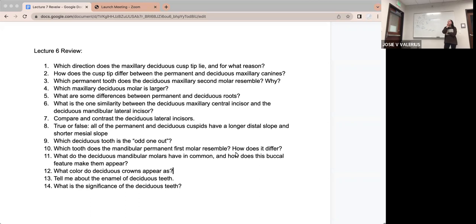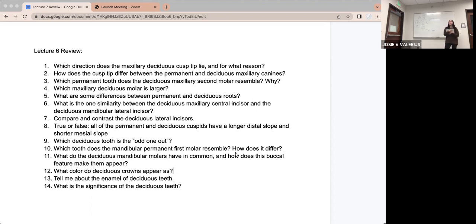The deciduous maxillary cuspid has the opposite, a longer mesial slope. The permanent is the opposite of the deciduous, right? So yes, but only for the maxillary. The mandibular, they're the same.